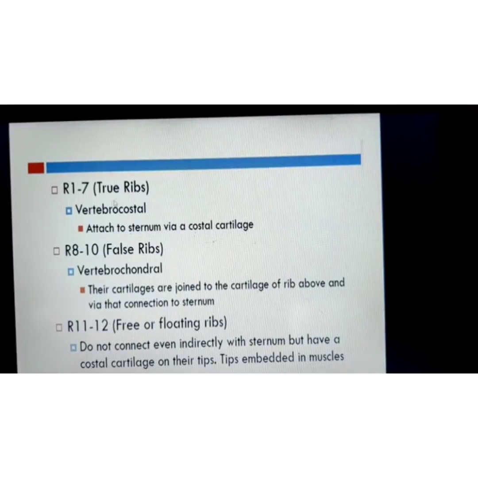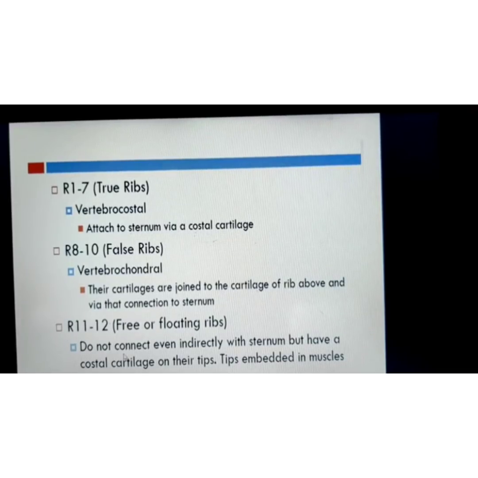So ribs 1 to 7 are known as true ribs or vertebro-sternal ribs, attached to the sternum via the costal cartilage. Ribs 8 to 10 are known as false ribs, vertebrochondral ribs. Their cartilages are joined to the cartilage of the rib above and via that connection to the sternum.